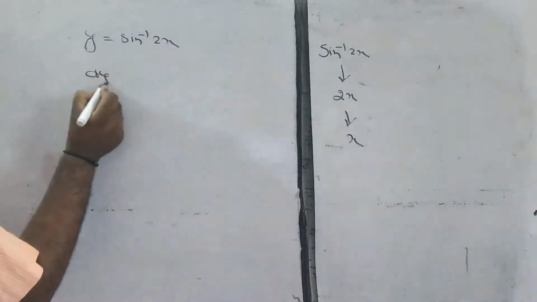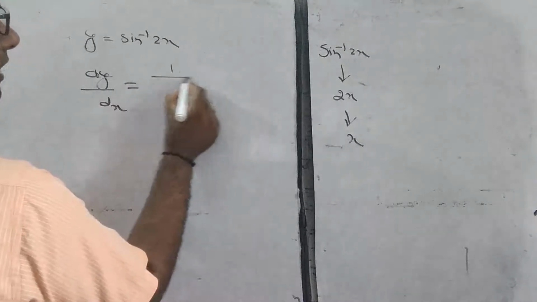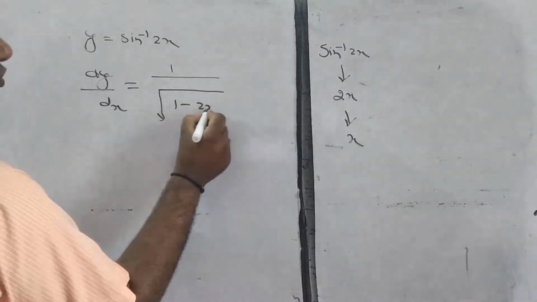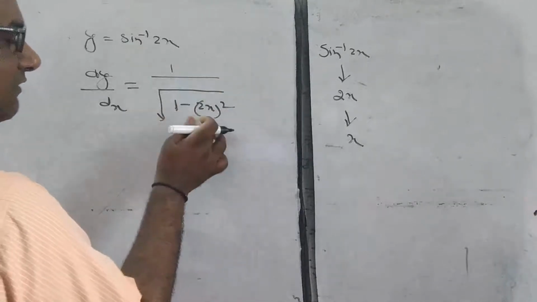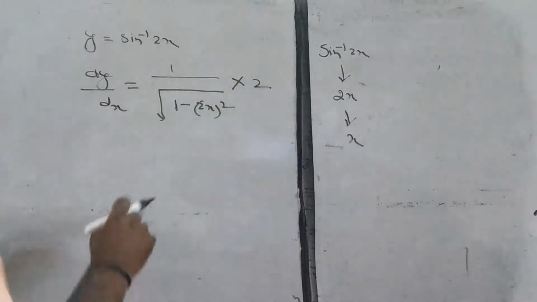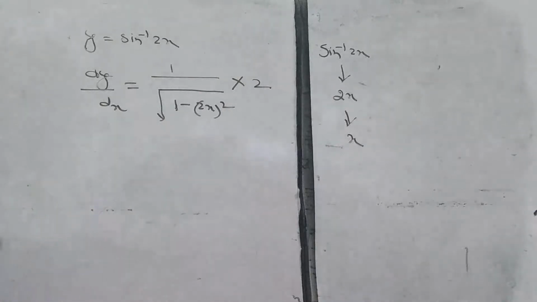So dy by dx is 1 by under root 1 minus 2x whole square, because the formula is 1 by under root 1 minus x square, into 2. Why 2? Because differentiation of 2x is 2.